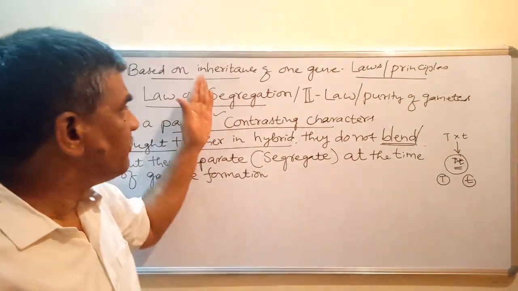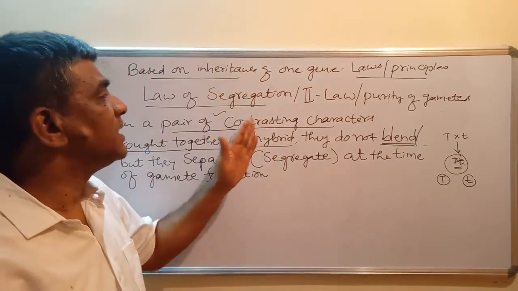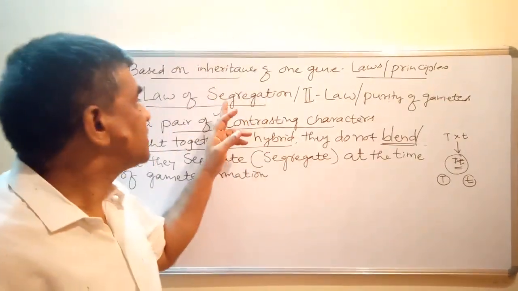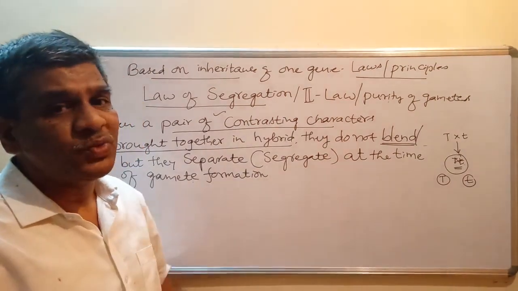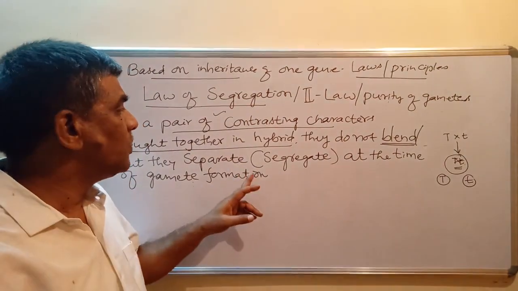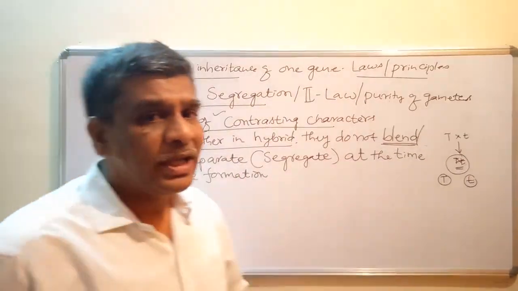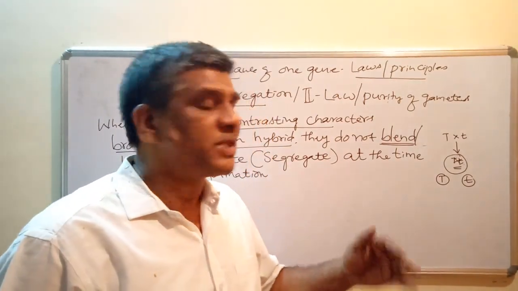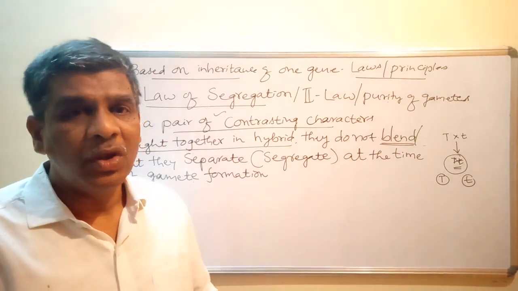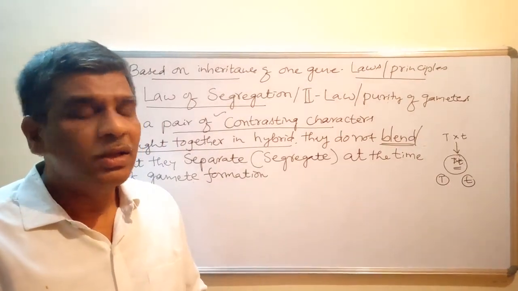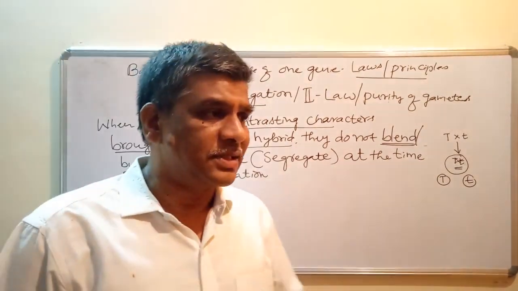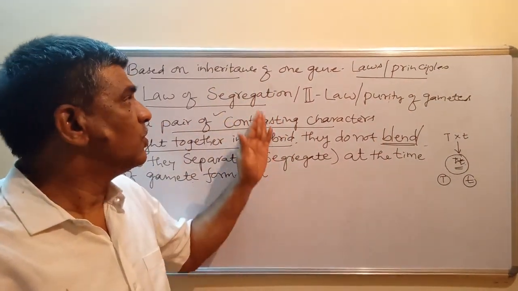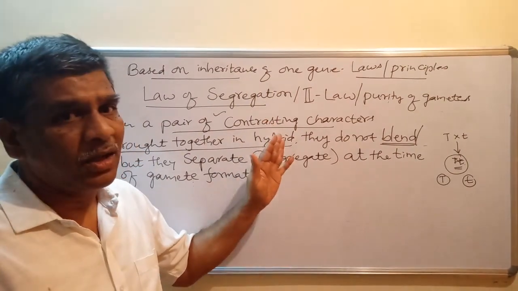If asked to explain the law of segregation with a suitable example, give the example of inheritance of one gene only, the tall plant. When a homozygous tall plant is crossed with a homozygous dwarf plant, we get some result, and we go on explaining it. So this is the second law of Mendel.